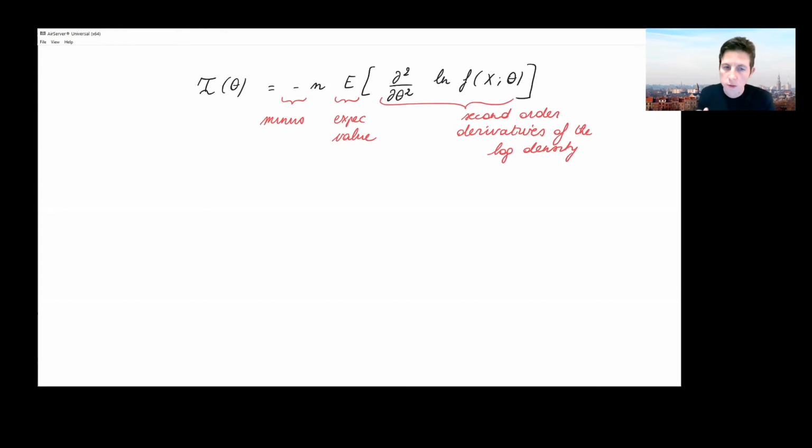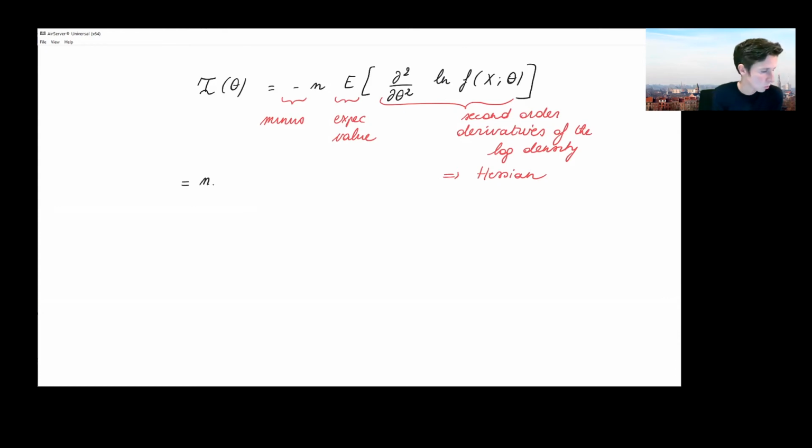So these concrete specifications sometimes differ. So sometimes you see it written as a function of the log likelihood. Here it's written as a function of the log density. Yeah. Now these second order derivatives of the log density, we also refer to that as the Hessian, right, in numerical routines. So that will be important later on when we're actually going to do this on specific examples. Now, one of the properties of this Fisher information matrix is that you can show that you can also write it as follows.